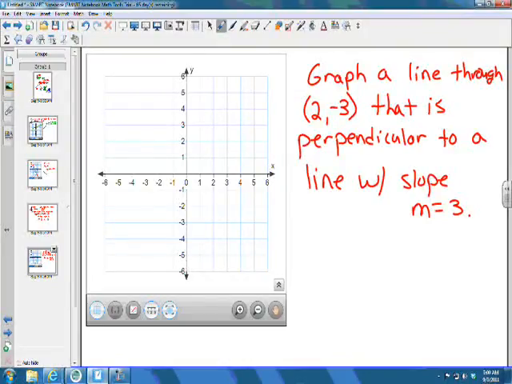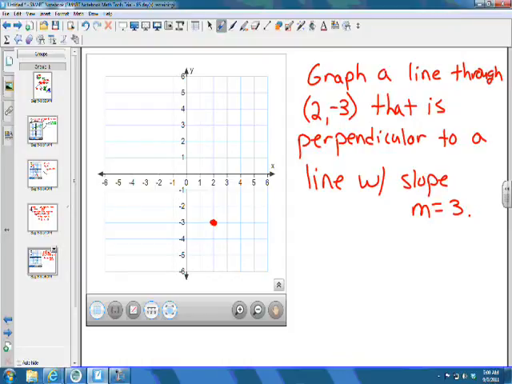So graph a line through point 2, -3 that's perpendicular to a line that has a slope of 3. So first of all, if we're graphing this point, where would we go from the center? To the right 2 and down 3. Over 2 here, down 3.